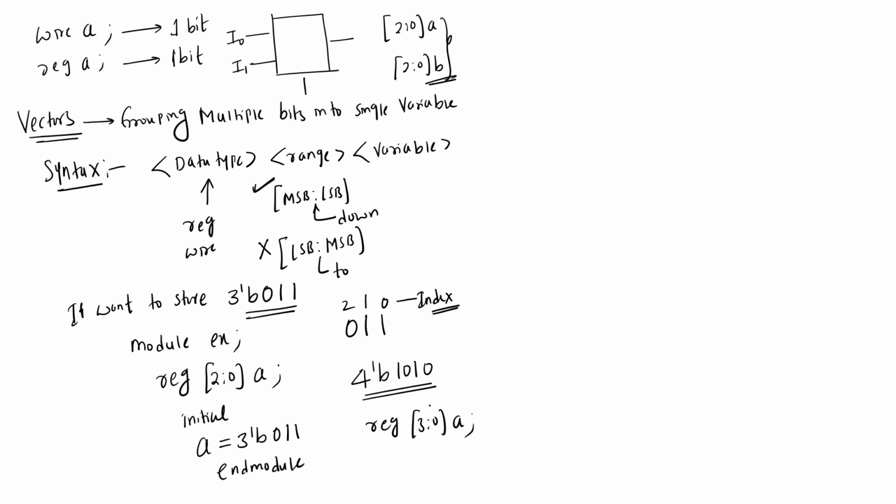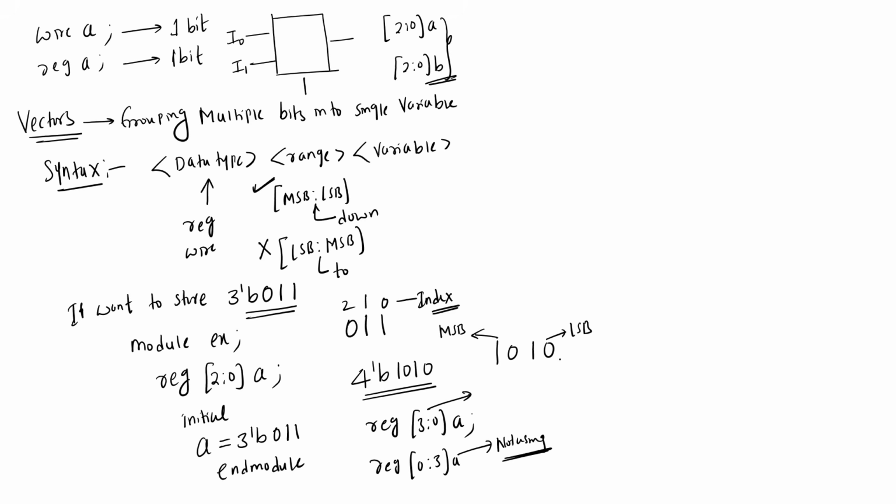If I want to represent like 0 to 3, we are mainly not using this. We use MSB first, MSB down to LSB. Here the value is, let us take 1010. This is my MSB bit and this is the LSB bit.